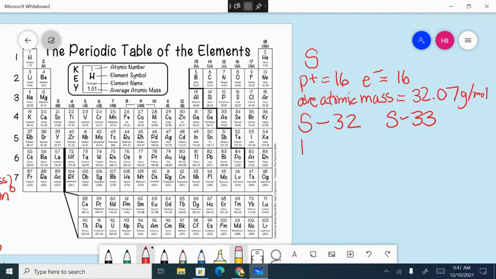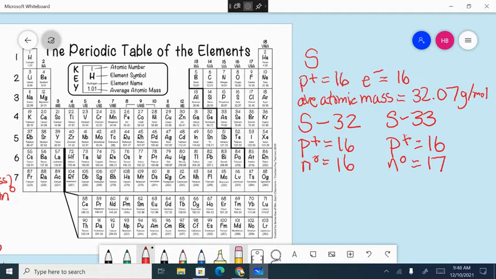Sulfur 32 has 16 protons, just like sulfur 33. 16 plus charges. Sulfur 32 also has 16 neutrons, but sulfur 33 has 17 neutrons. These are called isotopes. These are the two isotopes of sulfur.